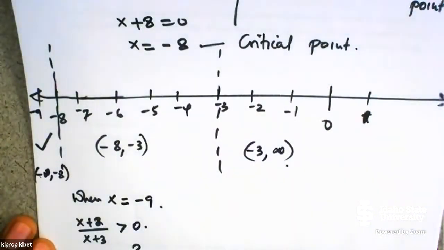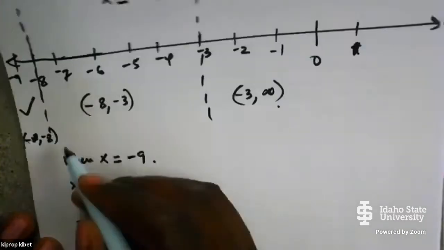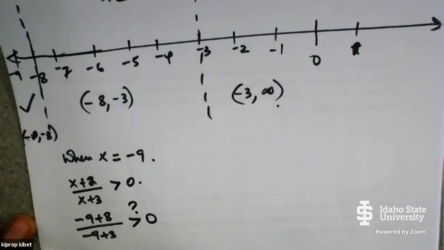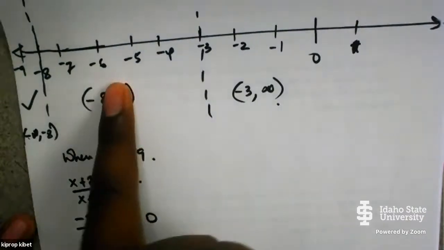No, it is not, so we are not including negative 8. That means our interval there will be minus infinity to minus 8, because this region agrees with that solution. We are not including minus 8. Now, let's come to this region.